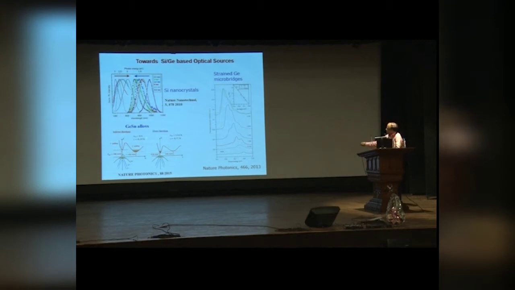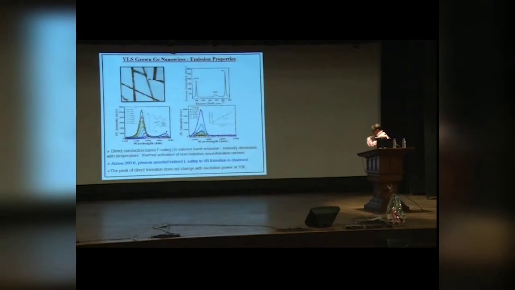So that was done, and when 8% of tin was included in the germanium lattice, and when 12% of tin was incorporated, it actually converted from an indirect band gap to a direct band gap semiconductor. So this is just by strain. That shows there is a possibility of doing some strain engineering on this kind of so-called indirect band gap semiconductor and getting some direct band gap emission.